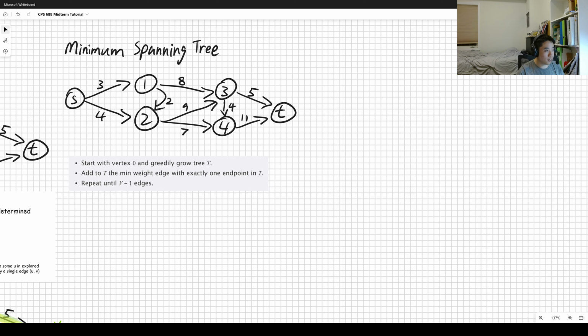We start with vertex 0. So we're going to use Prim's algorithm. Kruskal's algorithm is a little different because it looks at all the edges, but Prim's explores the edges from a given start point. Okay.